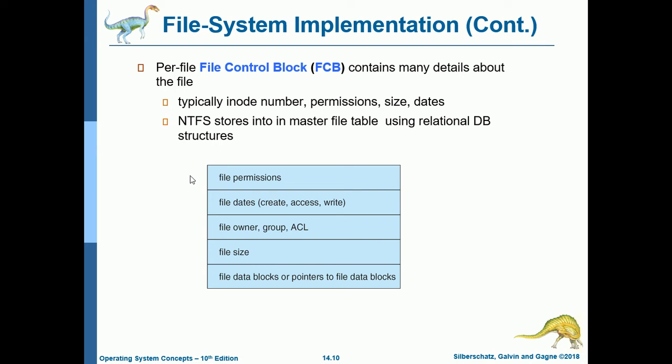Just right-click the file and click on properties, and then you can see the file permissions, the file dates when it was created, accessed, and written, who the file owner is, the group, and ACL, then the file size, and file data blocks or pointers to file data blocks.